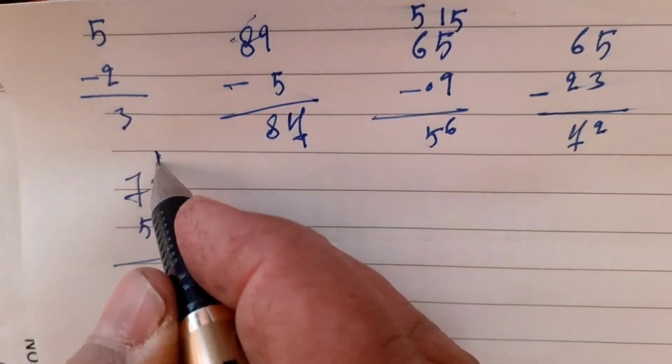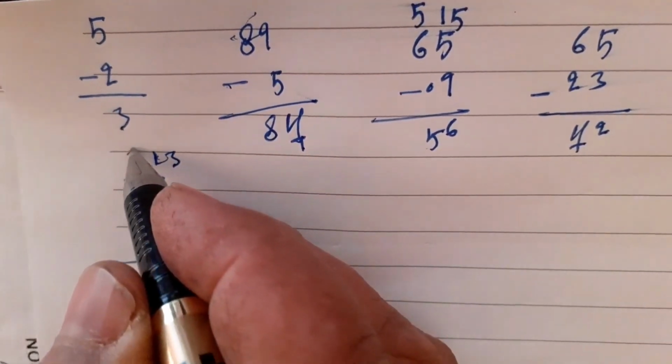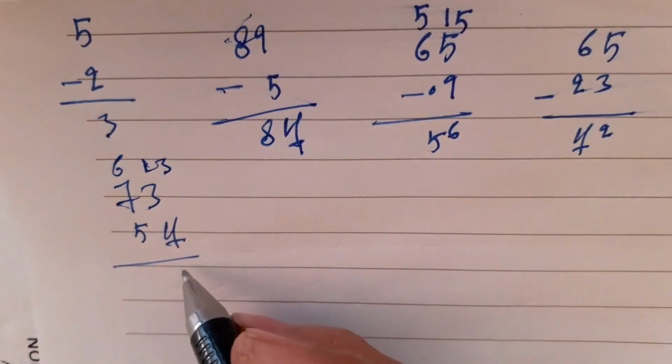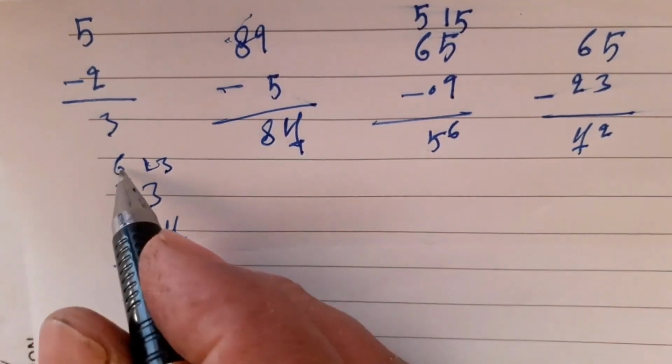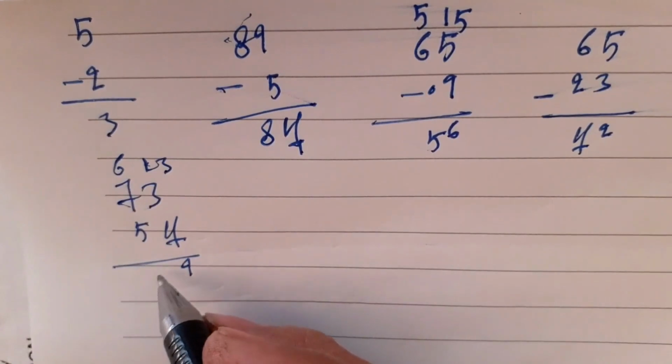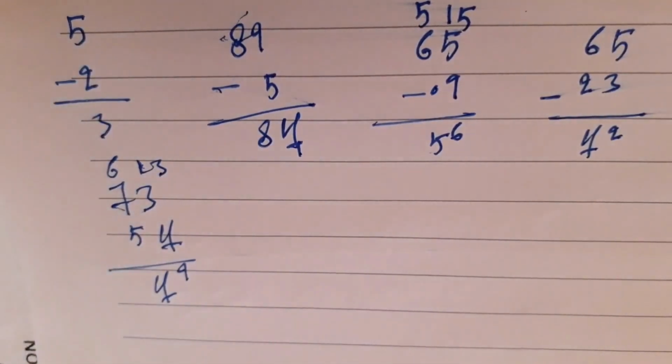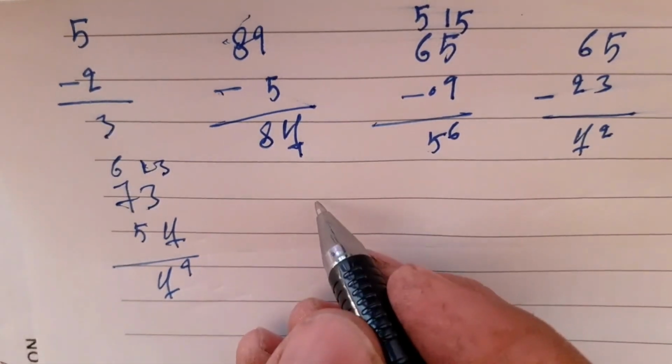It becomes 13 and the 7 becomes 6. 13 minus 4 is 9. 6 minus 5 is 1. Next example.